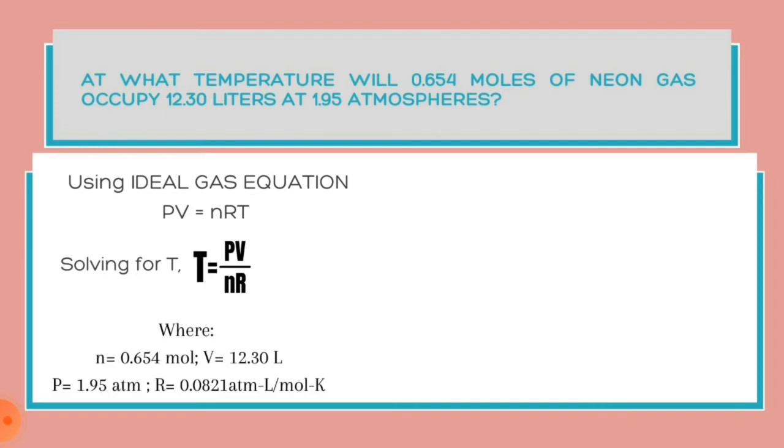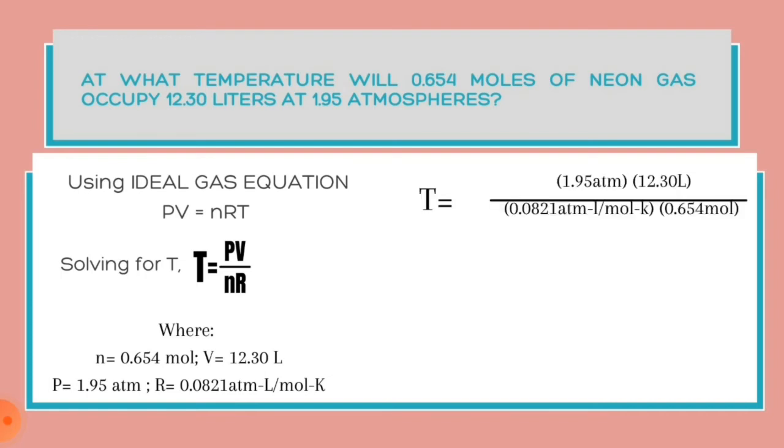Let us write the given, where n equals 0.654 mole, volume equals 12.30 liters, the pressure equals 1.95 atm, and R equals 0.0821 atm-L over mole-K. So let us substitute. Temperature equals 1.95 atm times 12.30 liters over 0.0821 atm-L over mole-K times 0.654 moles.